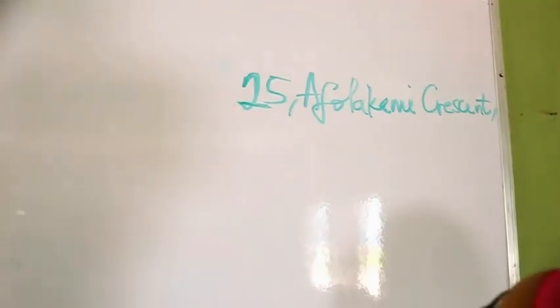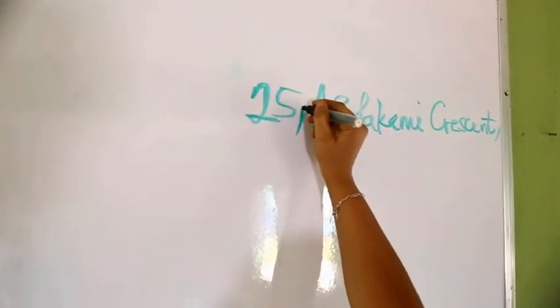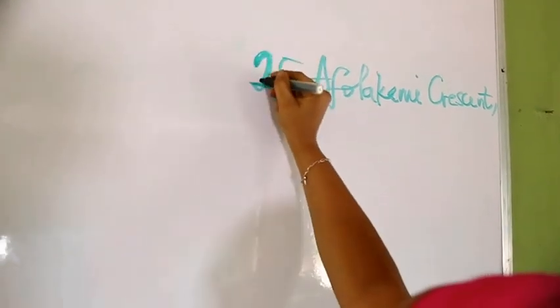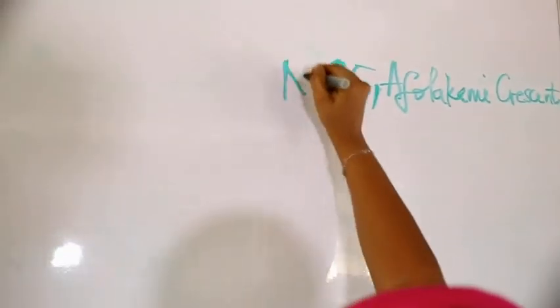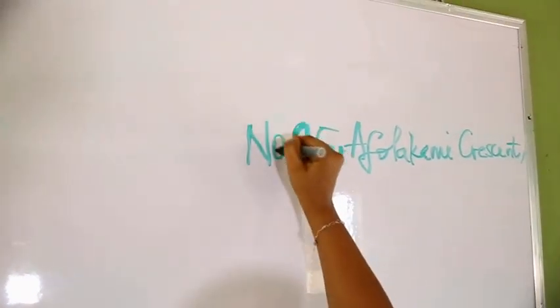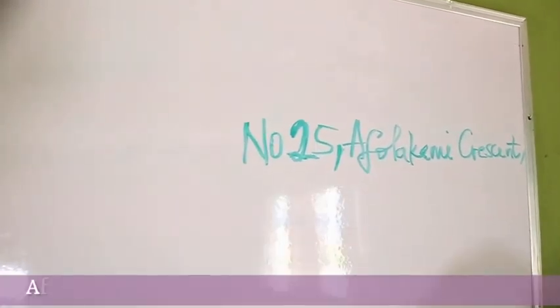I have the name of the street written this way, 25. Some people are fond of writing NO plus the number of the house.